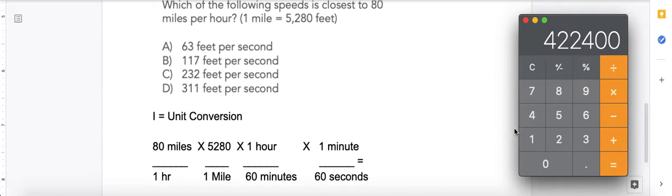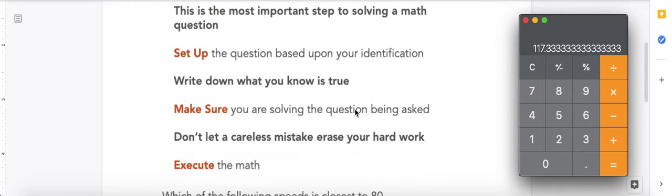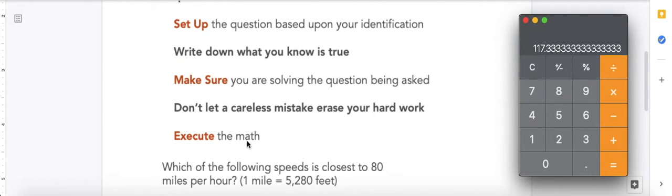Add 2 zeros. That's 3,600. And that will give you 117.3. That's answer choice B. Okay, don't forget to execute your math correctly. You can set it up all very well and correctly, but you must execute it as well.